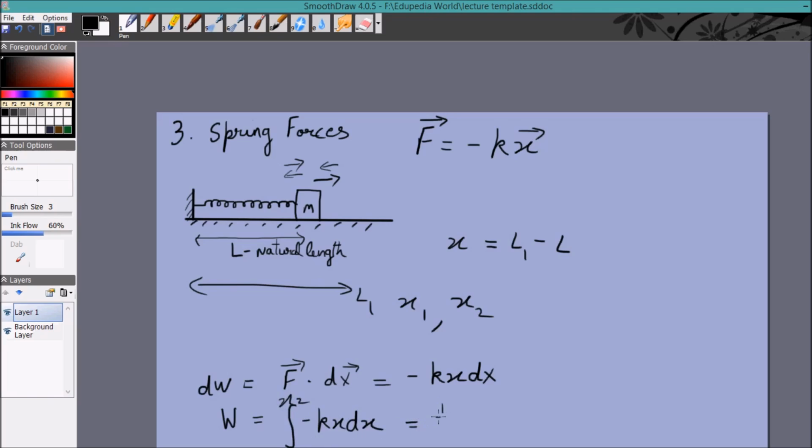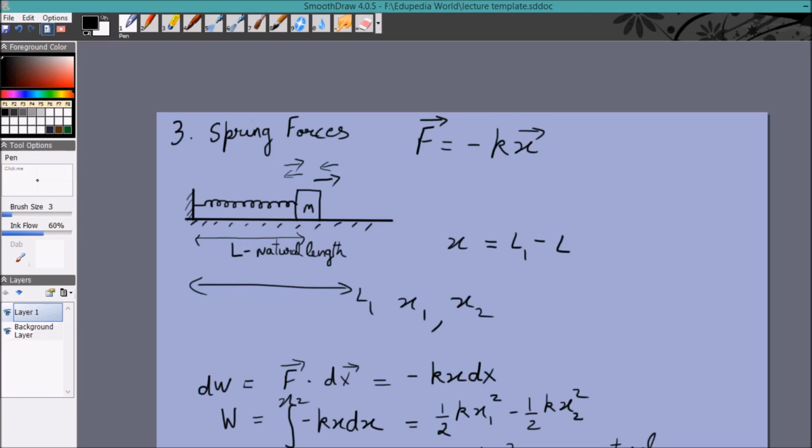So it will give me half k x1 squared minus half k x2 squared, right? Or if the initial extension was 0, then x1 would be 0, and it would give me minus half k x2 squared. This is if it is at natural length initially.